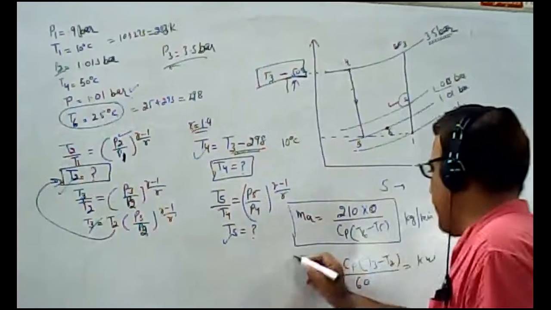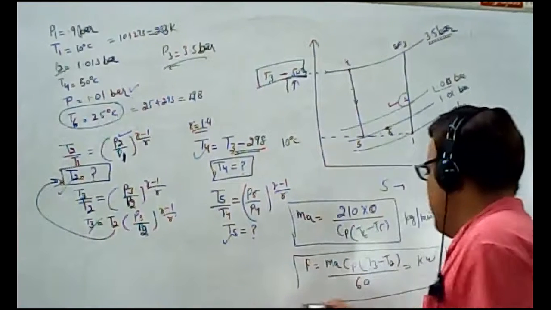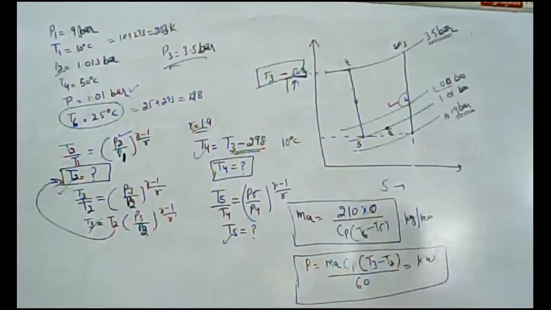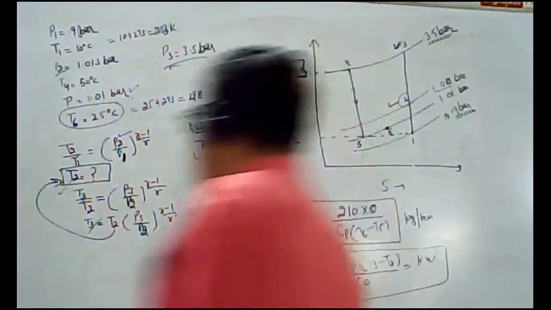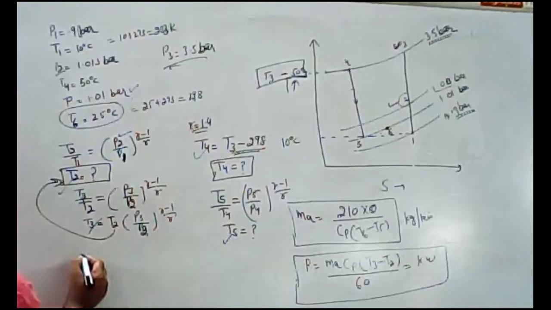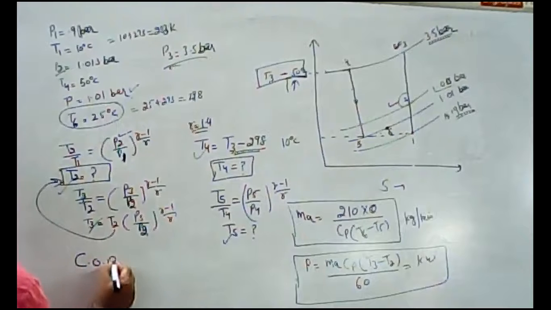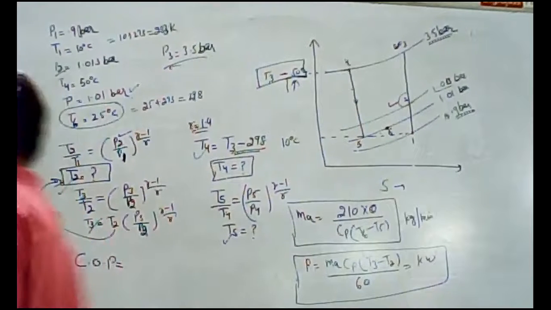So this result will come out in kilowatt. Okay. So this is the formula of power, and you can calculate the power with this formula. And last, you have to find out the value of COP. So what will be the formula of COP?